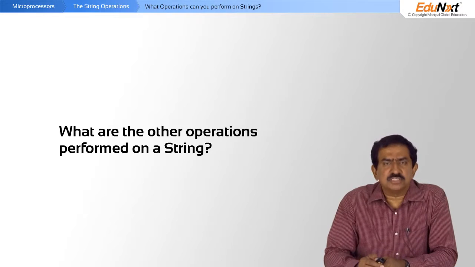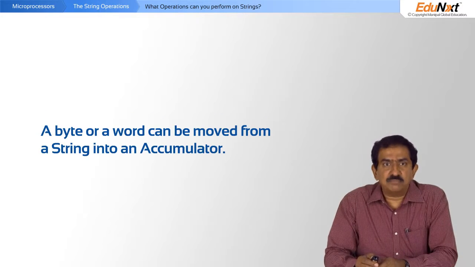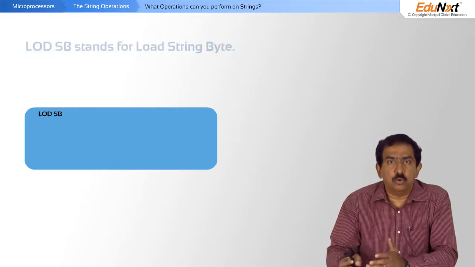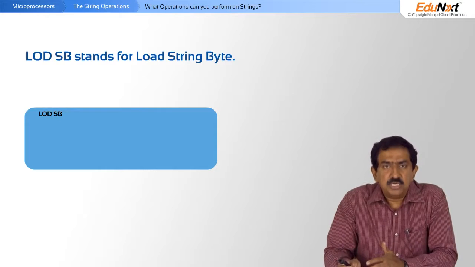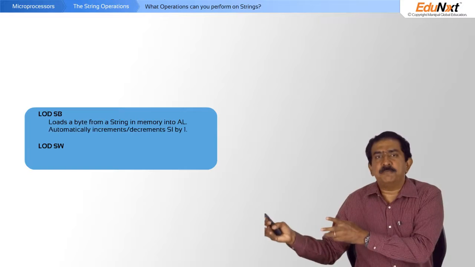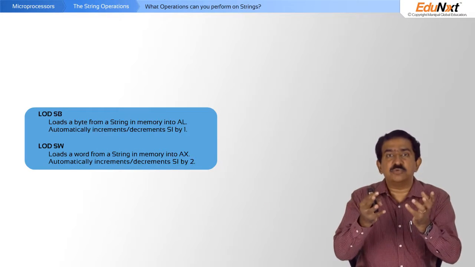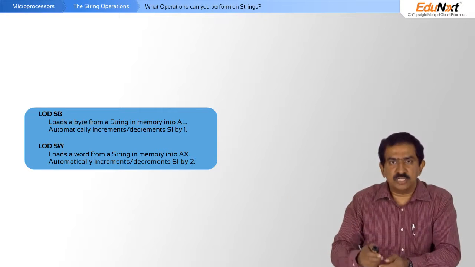What are the other operations that you can perform on a string? You can move a byte or a word from string into accumulator, which is called load string byte, LODSB, or load string word, LODSW, and this is really basically loading from a memory location into the accumulator. You do what you want with that information, come back and load the next one, so on and so forth.